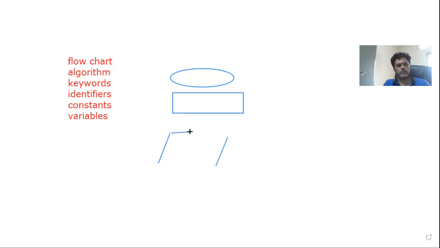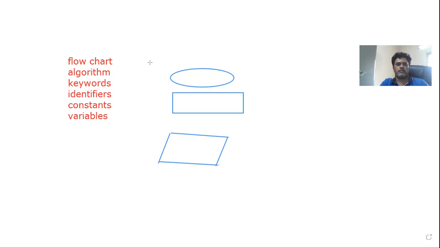It will look like this. This type of symbol, with some slant, you have to adjust it correctly. It's like a parallelogram. So this is one of the symbols. And then another symbol is the diamond symbol.